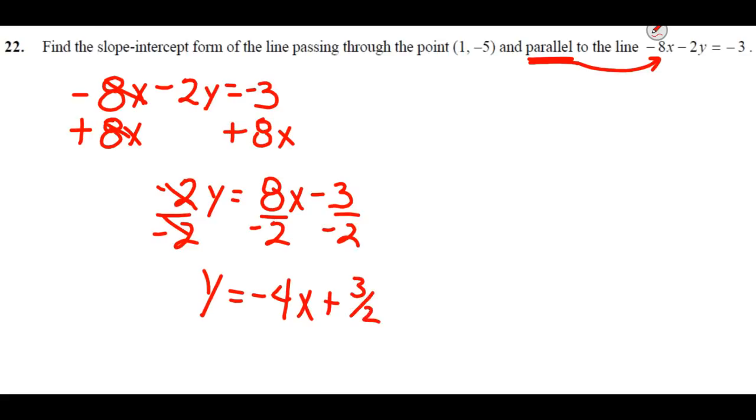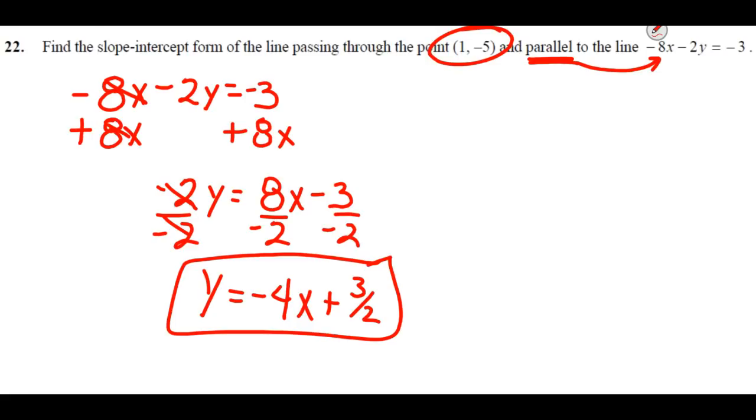So now is when I can use this equation, because this is the line that's already on the graph. I'm going to make a line parallel to that through this point. Now remember, parallel lines, like we said last week, have the same slope. So now I have information.